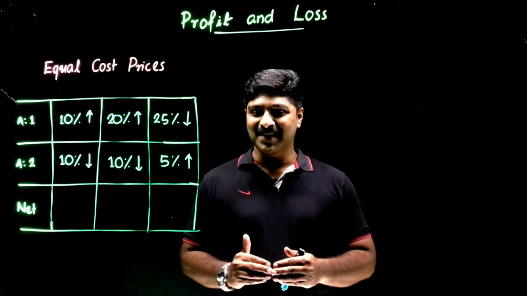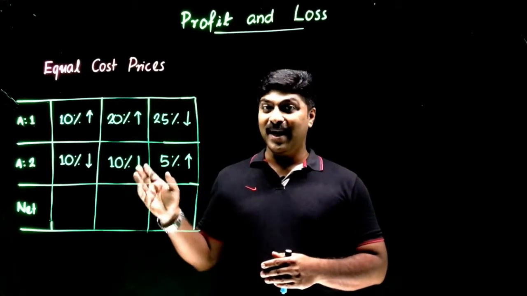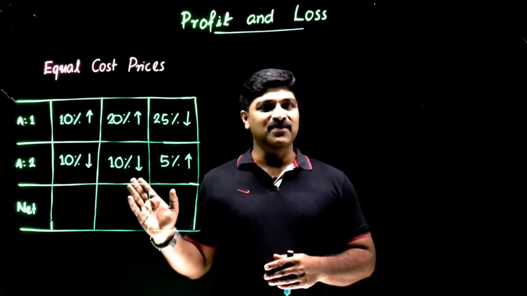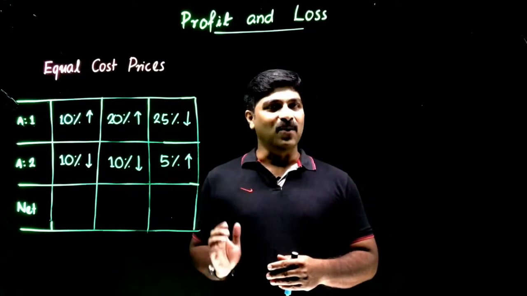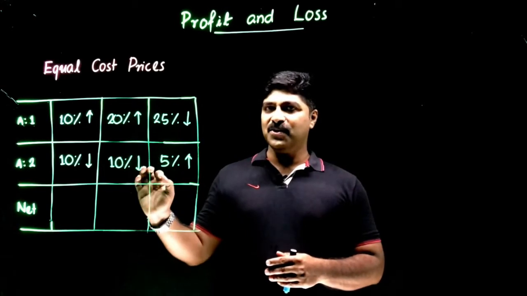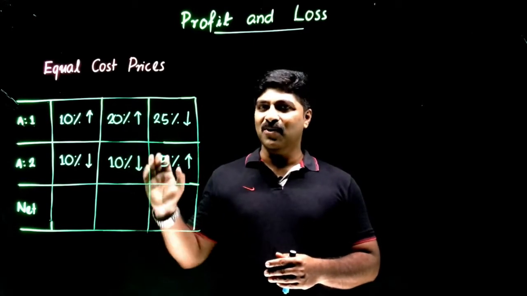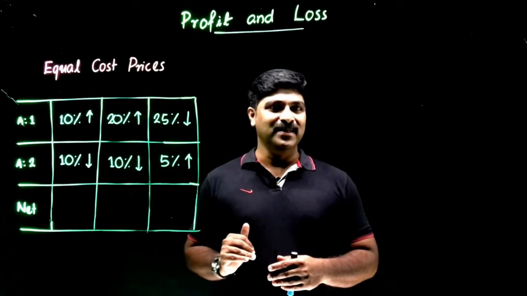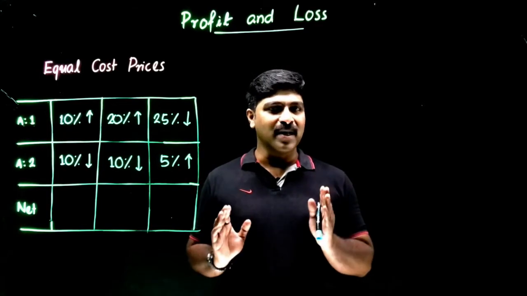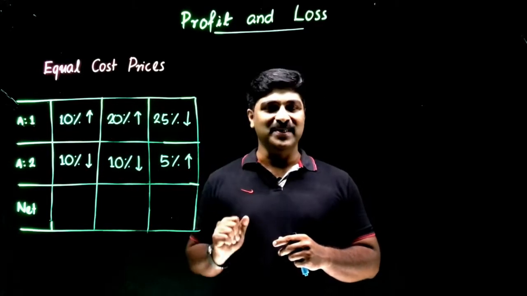In this session, we are going to deal with an interesting type of concept from the topic profit and loss. It's a transaction of multiple articles of equal cost prices, or sale of multiple articles of equal cost prices.